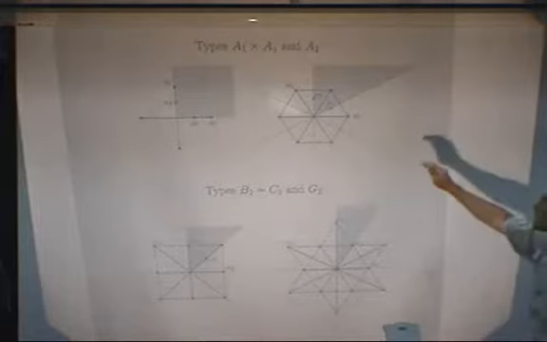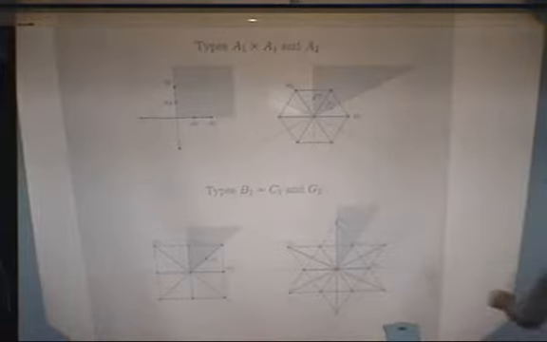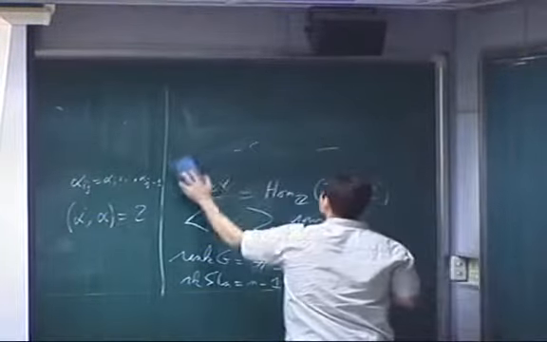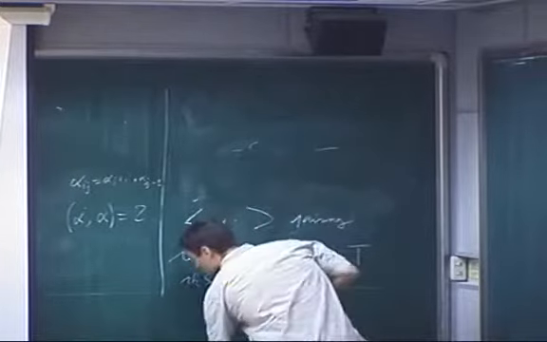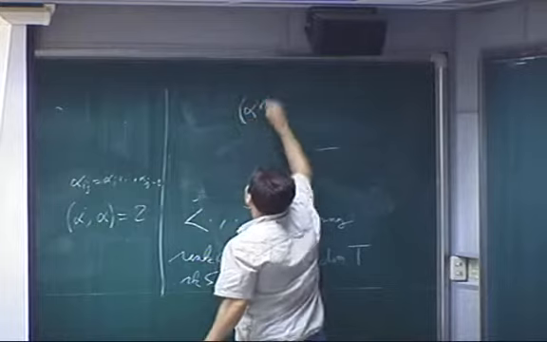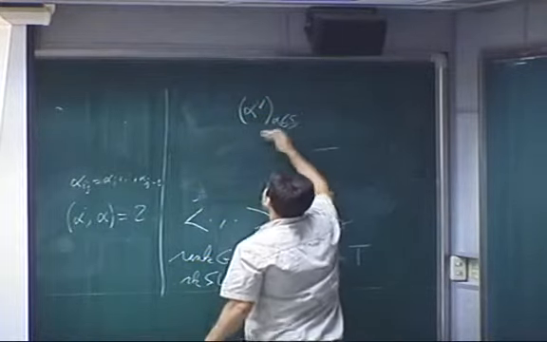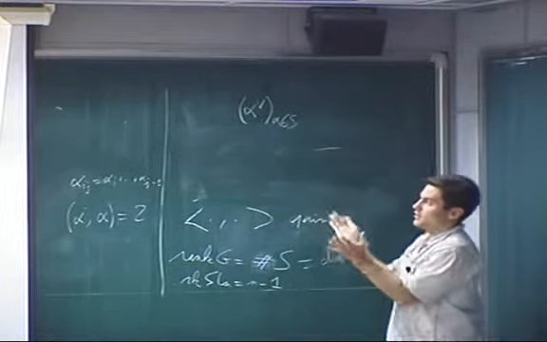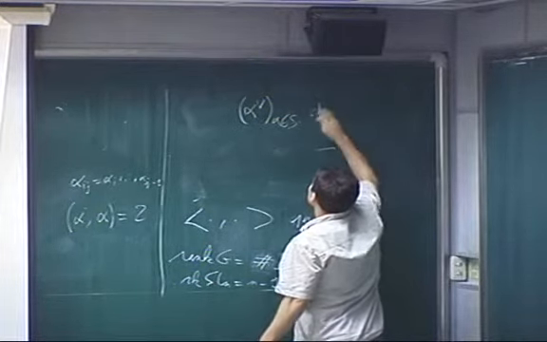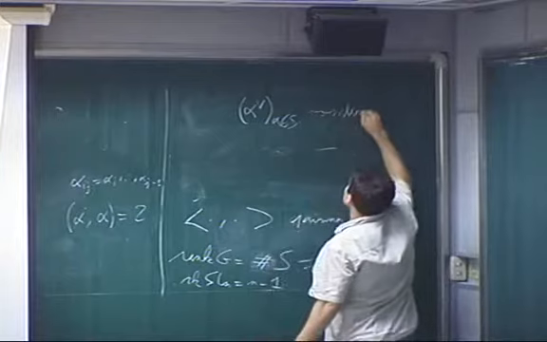So I don't define the omega 1 and omega 2. So omega 1 and omega 2 are just the dual basis of the simple roots. So it's a basis of the space, and we can take the dual basis.